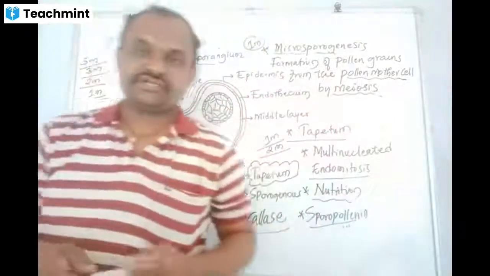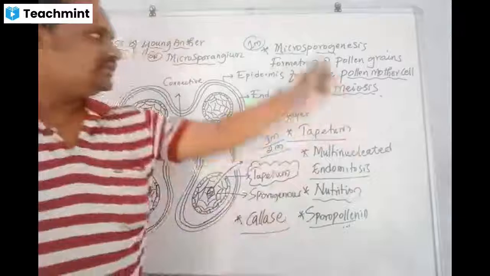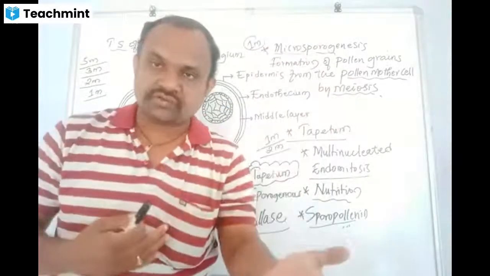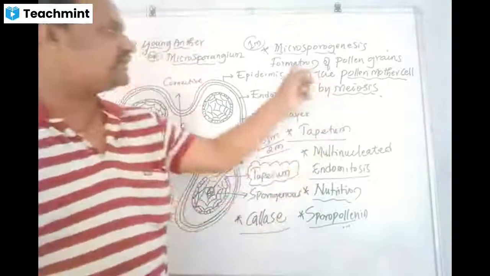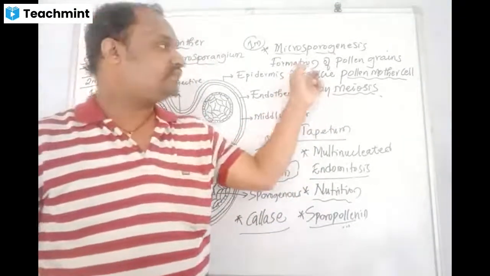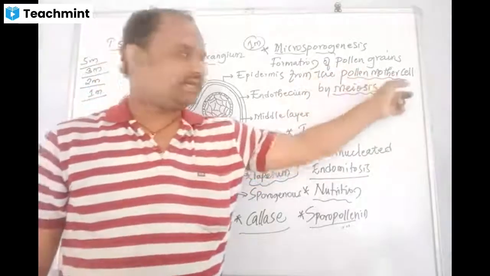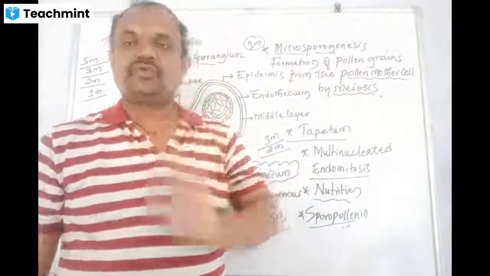So that is the definition of microsporogenesis for a one-mark question. The microspores are nothing but the pollen grains, and their formation is called microsporogenesis. So the definition is: the formation of the pollen grains from the pollen mother cell by meiosis is called microsporogenesis.